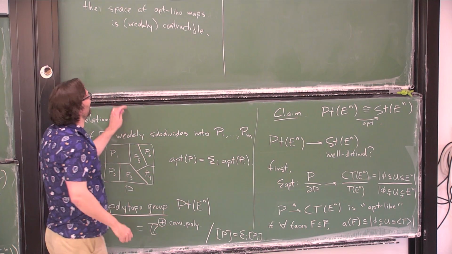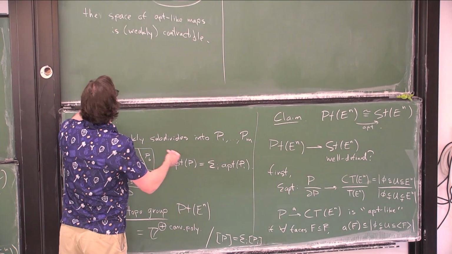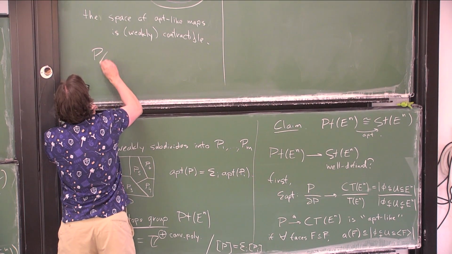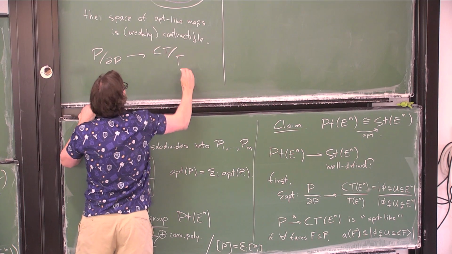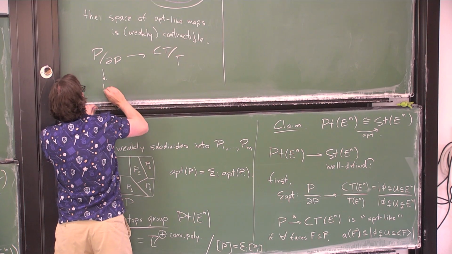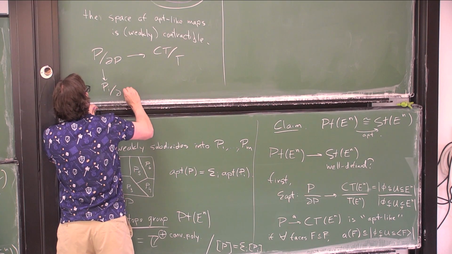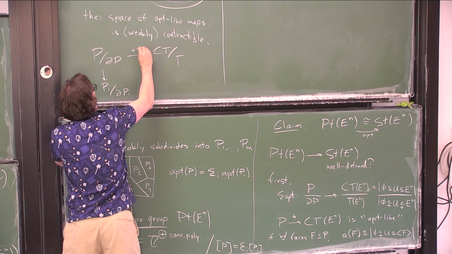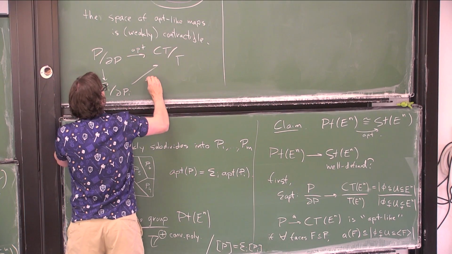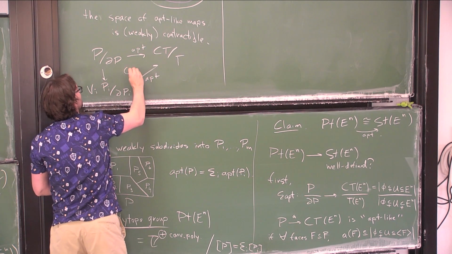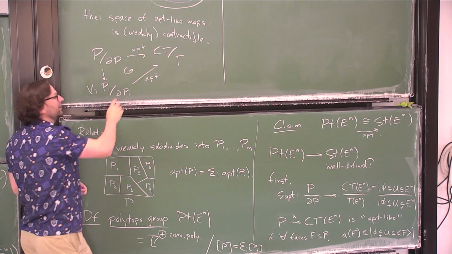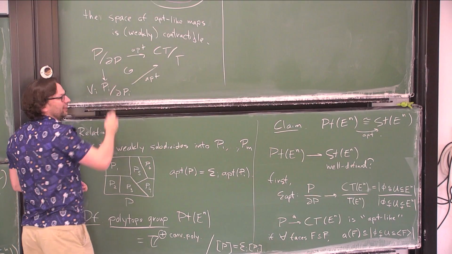Okay, so now you just choose all these apartments, and now, when I map from P mod dP to Cohen-Macaulay Tits mod Tits, I can take the apartment maps on each of these pieces, and I get a diagram that strictly commutes, where the map from here to here is just a collapse map.